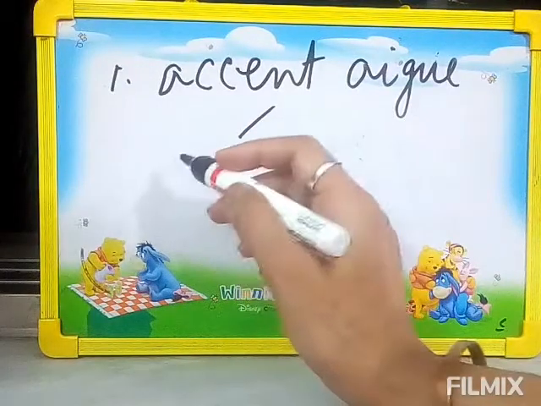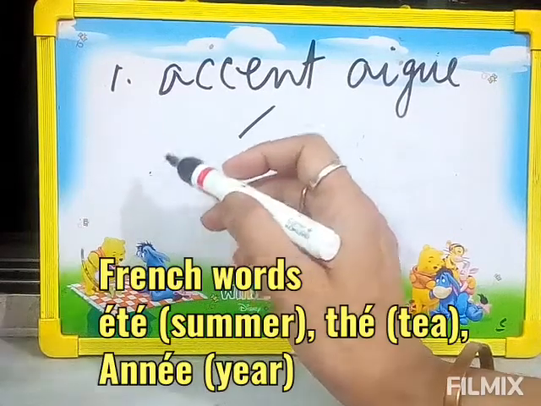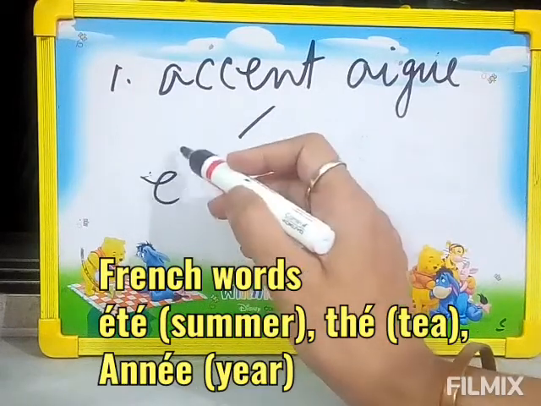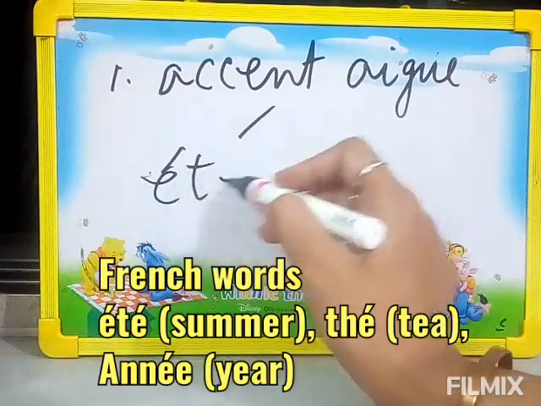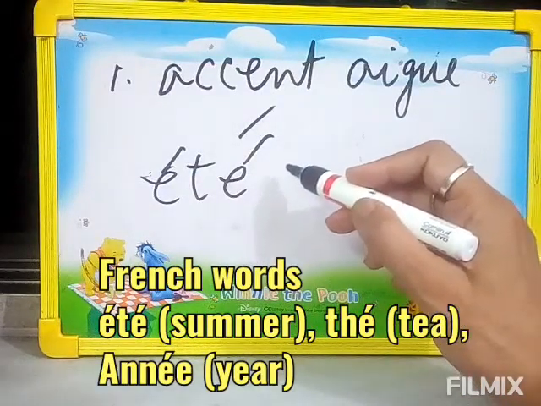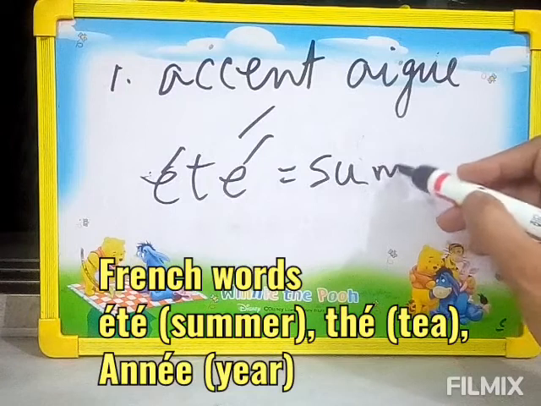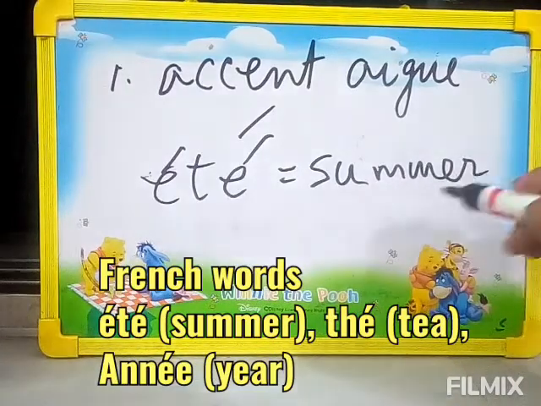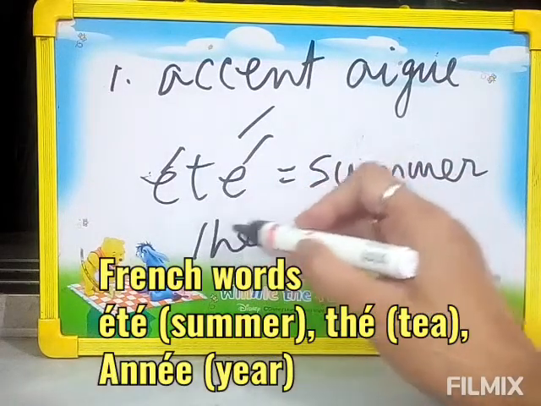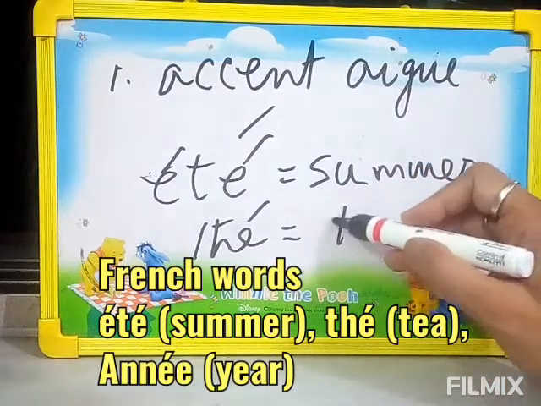I'm showing you some examples of French words where the accent aigu has been used. For example, été. Été means summer. Next, thé. Thé is tea.